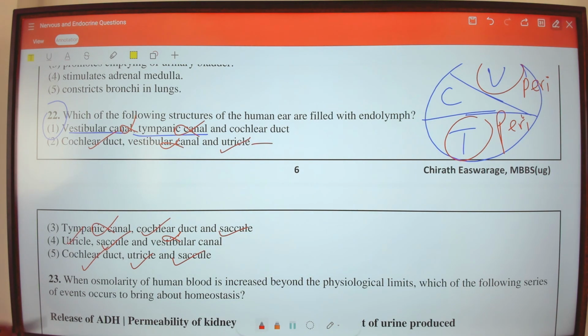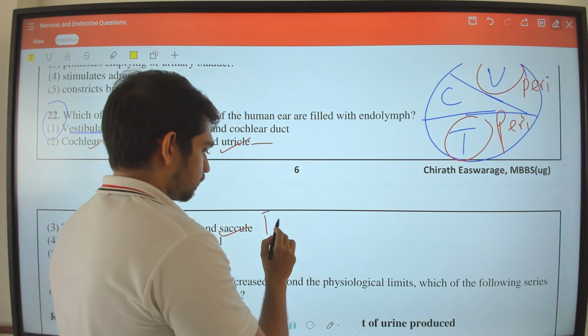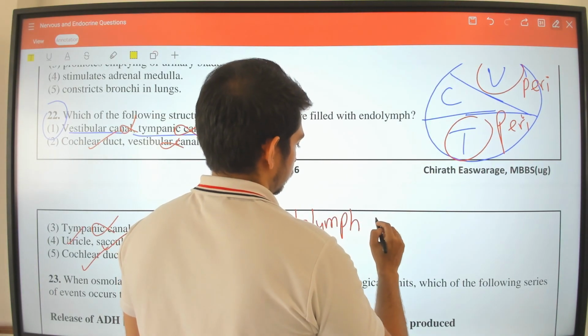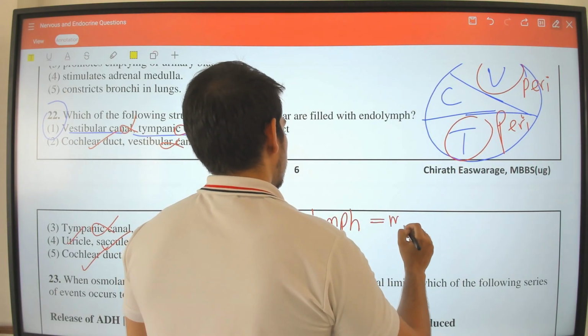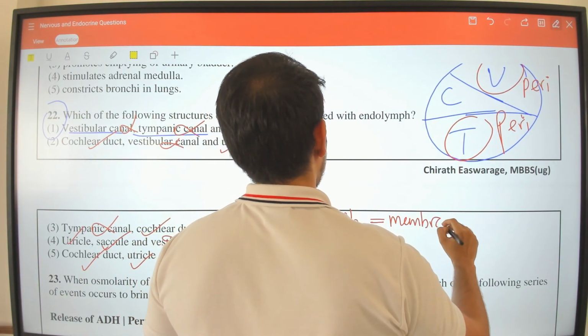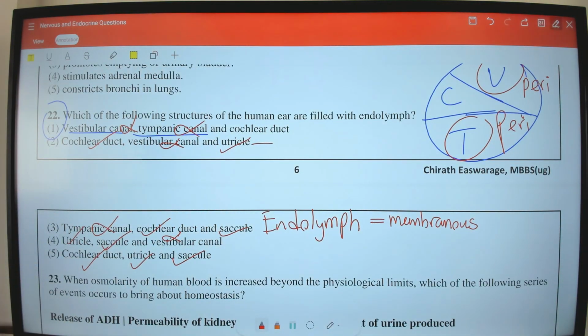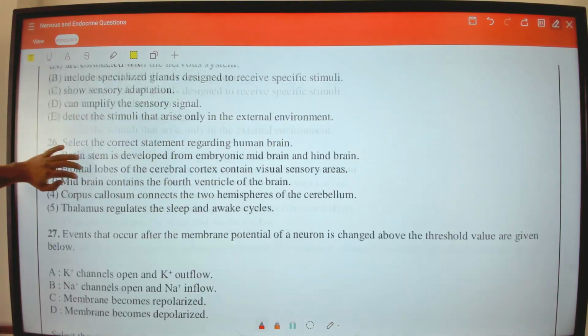Always remember, endolymph is found in the membranous labyrinth.